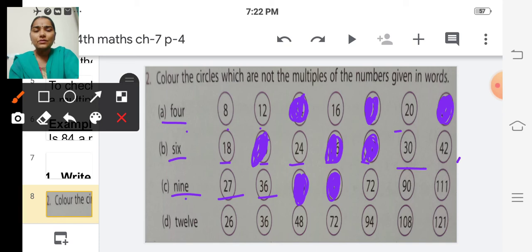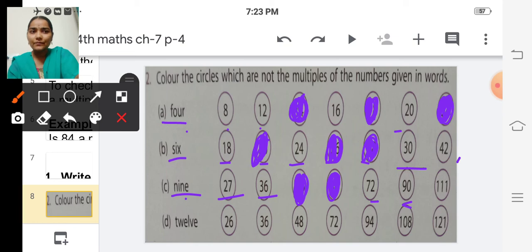Okay. So 9 sixes are 54 and 9 sevens are 63. 9 eights are 72. Yes, 9 nines are 81. And 9 tens are 90. And 9 elevens are 99.